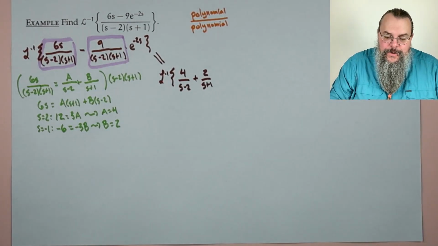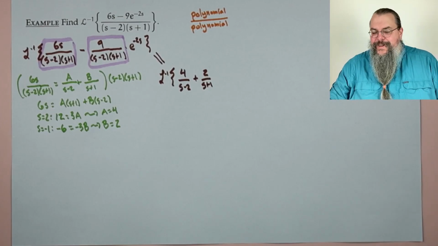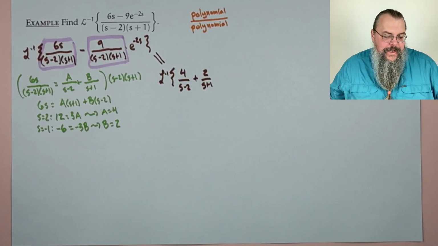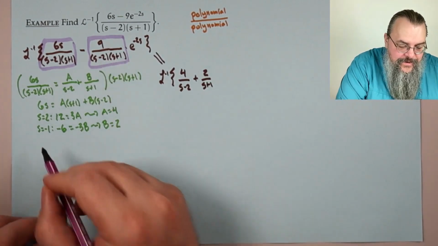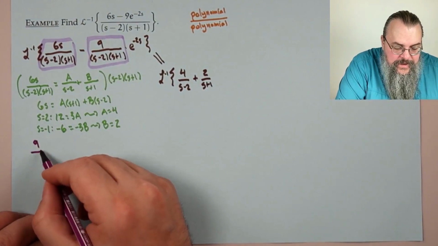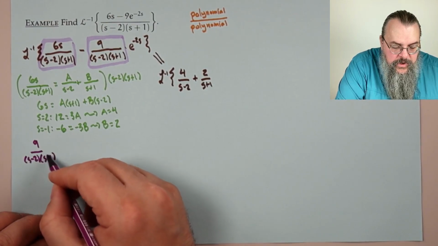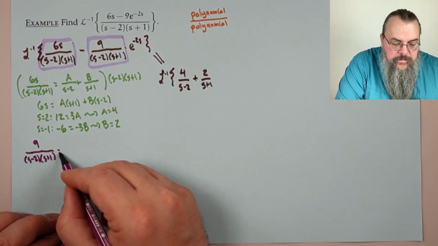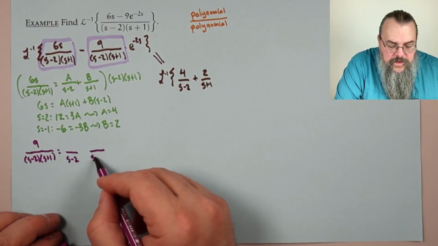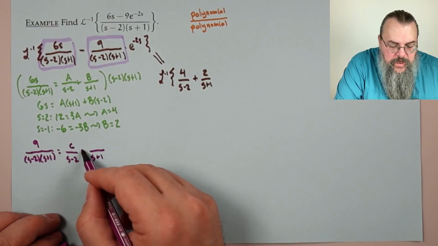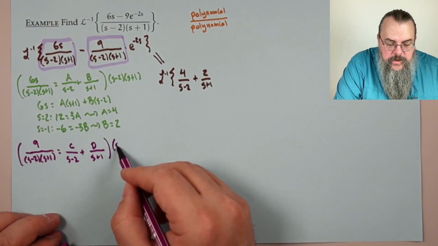We left ourselves room because we're going to write more. That's all right, no worries. Now, the next part: 9 over (s minus 2)(s plus 1). That's going to be something over s minus 2, something over s plus 1. We'll keep working our way up through the alphabet, C and D. Again, clear your denominators.